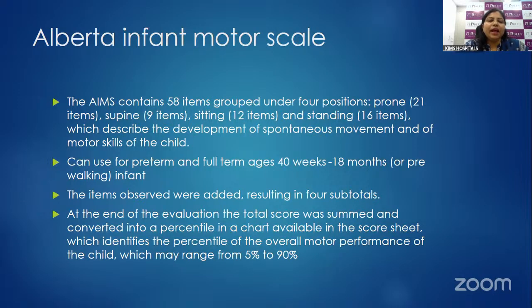It can be used for preterm and full term infants from 40 weeks to 18 months, or pre-walking infants. That means if the child starts walking, you should not be using this anymore.